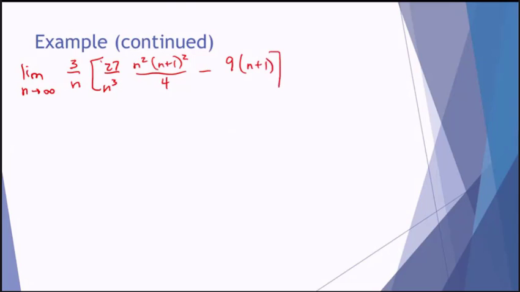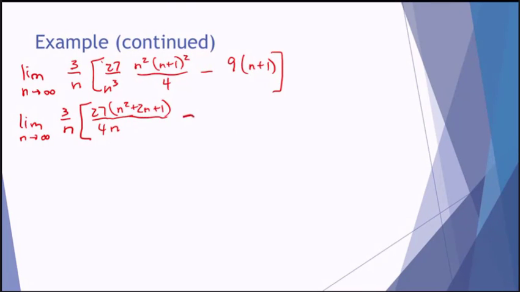You're going to get 9 times n plus 1. If we clean that up a little, n approaches infinity, 3 over n. 27 over 4, unfortunately, does not simplify, but we can leave it as a constant, 27 over 4. The n squared in the numerator cancels 2 of the n's in the denominator, leaving us with 1. And then up here we'll have n plus 1 squared, which is n squared plus 2n plus 1, minus 9 times n plus 1. So I'm going to do two things at the moment.